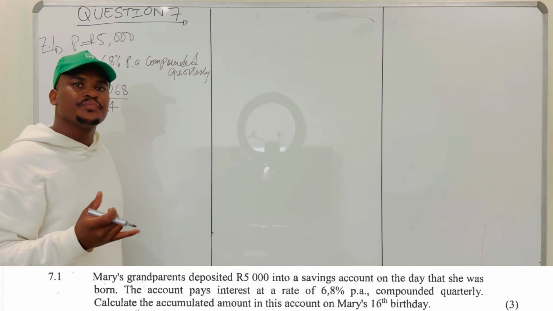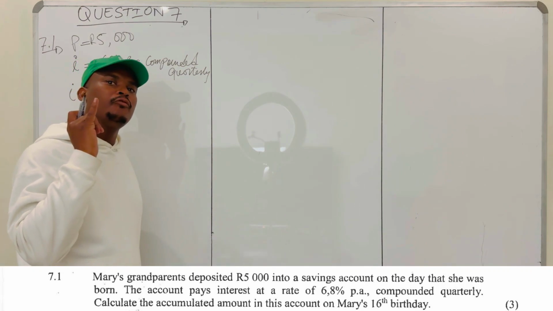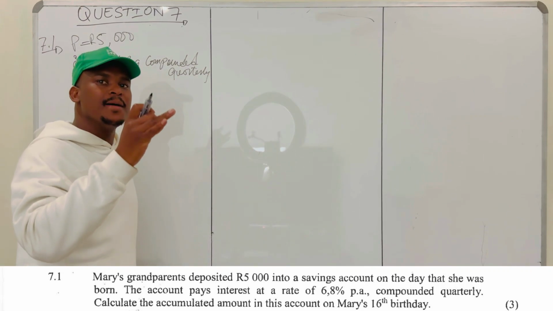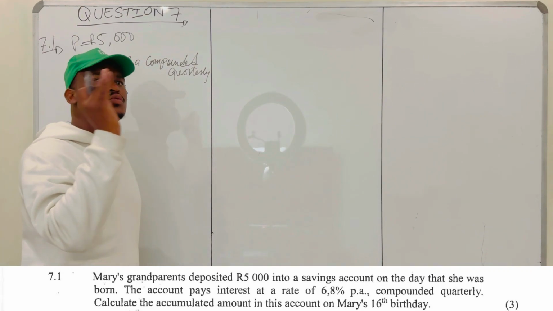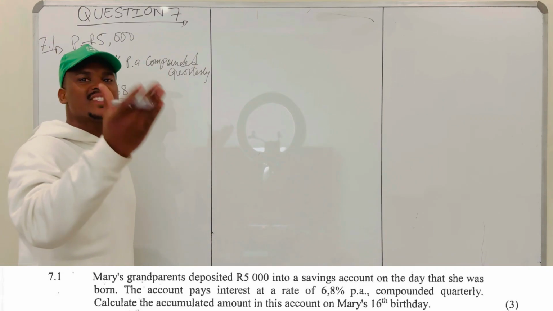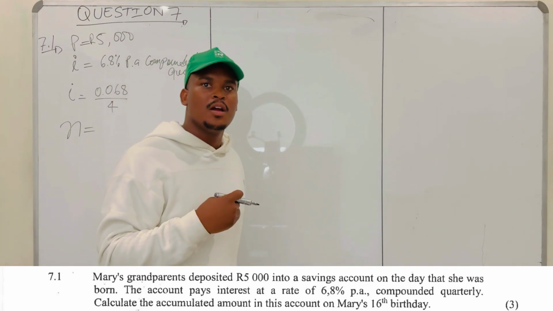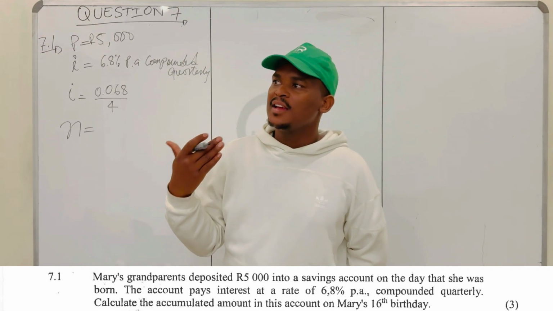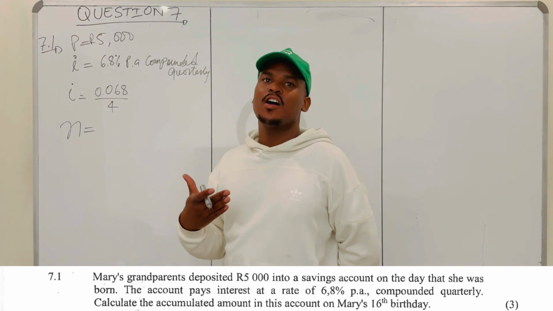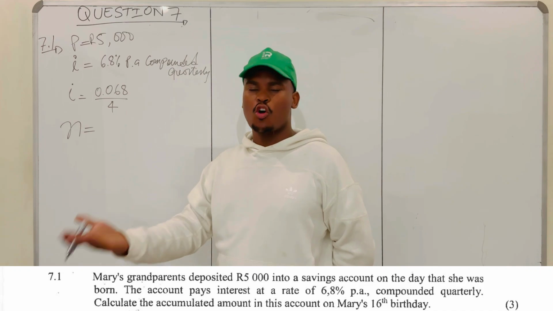So in 1 year, you will get interest 4 times. In 2 years, it will be 8 times. In 3 years, it will be 12 times. In 4 years, it will be 16 times, because each year you are gaining interest 4 times. Because you are told that this account pays an interest rate of 6.8% per annum, compounded each quarter.